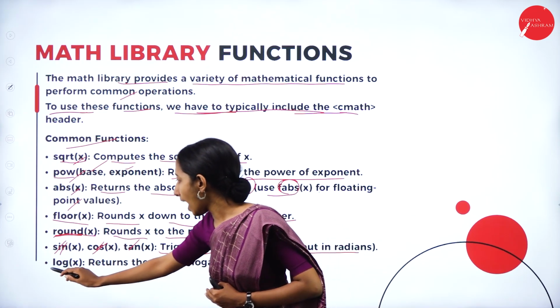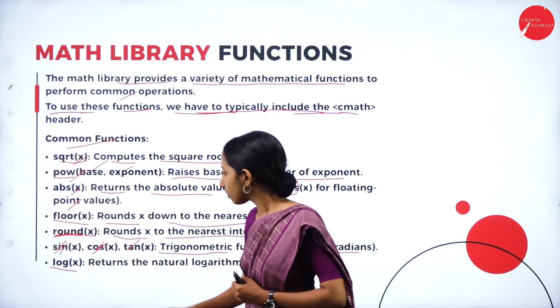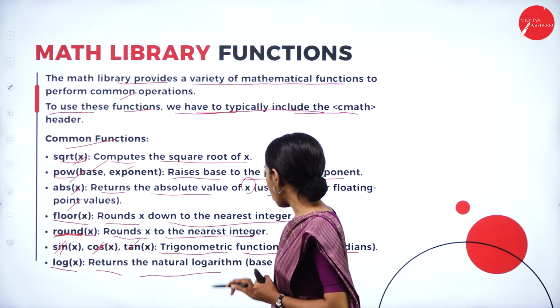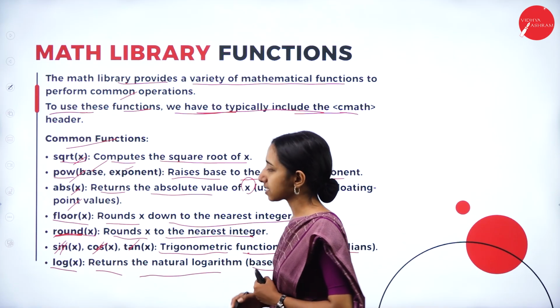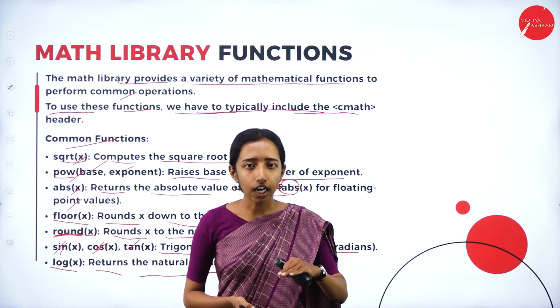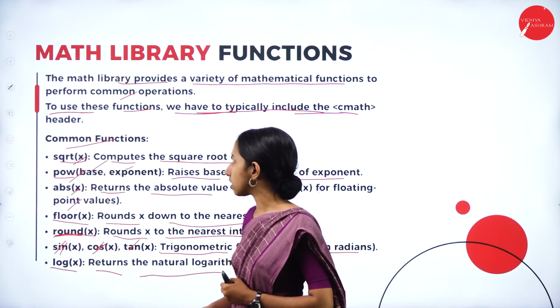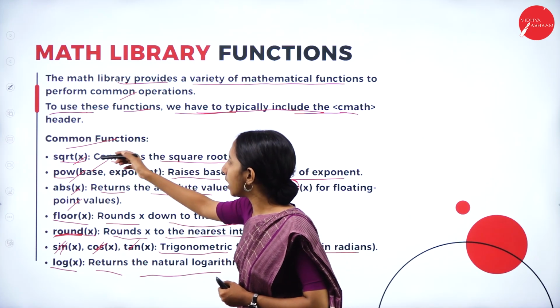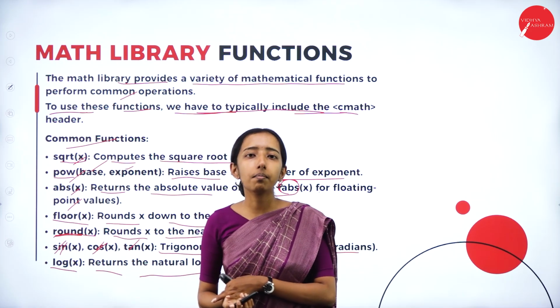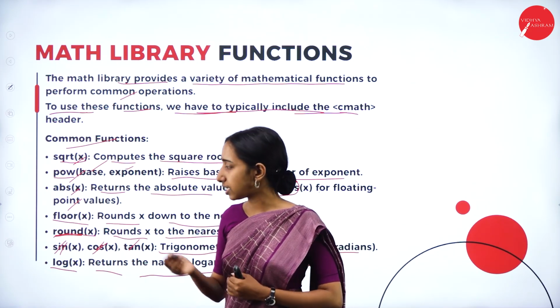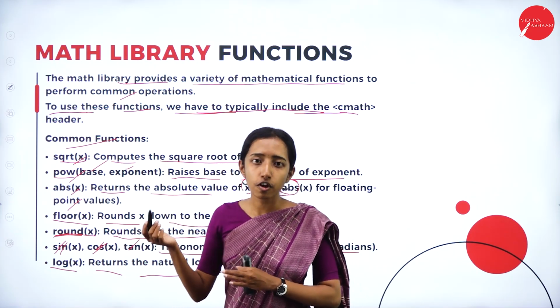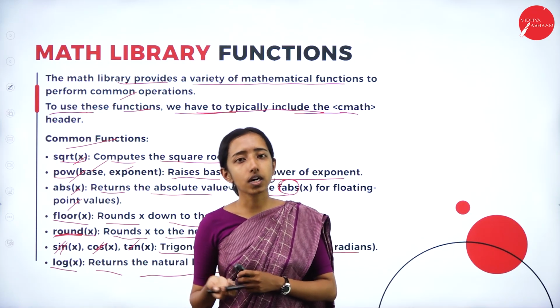Next we have log of x, which returns the natural logarithm, base e, of x. So these are the simple common functions available in the math library: square root, power, abs, floor, round. So how does this work in a program?